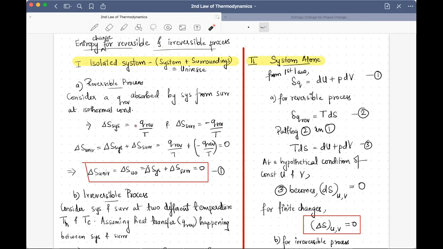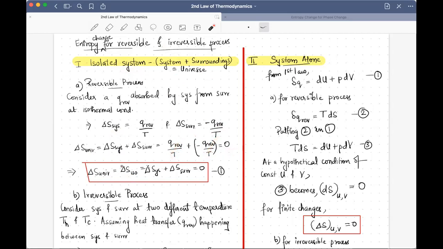Now, if we calculate the total, that is system plus surrounding, which is the one we are trying to understand, delta S universe or delta S isolated would be simply delta S system plus delta S surrounding. When we add them, these two quantities are the same in magnitude, so they will cancel out and give you a zero value.